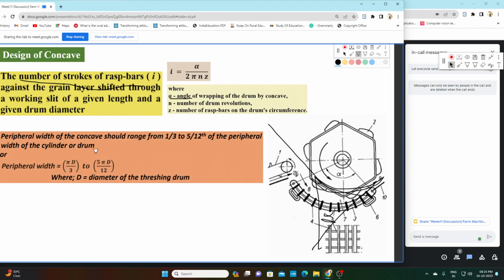The second design parameter is the peripheral width of the concave. What will be the peripheral width of the concave?